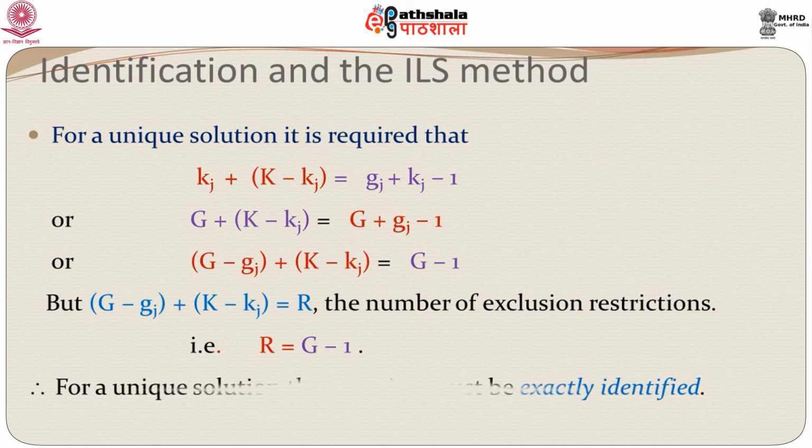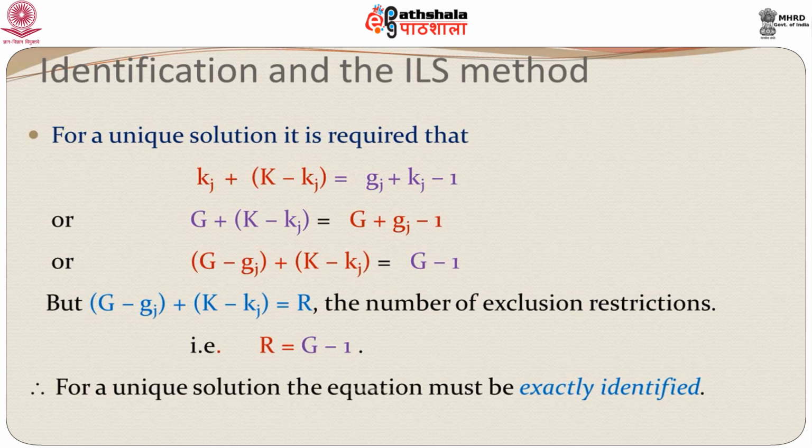And what does R equal to g minus 1 imply? It implies that the equation must be exactly identified. So, in the indirect least squares method, this can be applied only when the equation is exactly identified. Of course, it needs to be identified, but it should not be over identified.